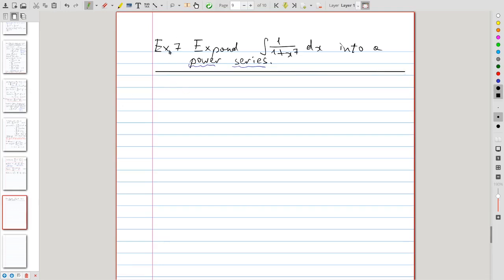what we can do is we start by representing the integrand here by power series. And so 1 over 1 plus x to the 7th can be thought of as 1 over 1 minus (minus x to the 7th), which has the form 1 over 1 minus x with x replaced by minus x to the 7th.